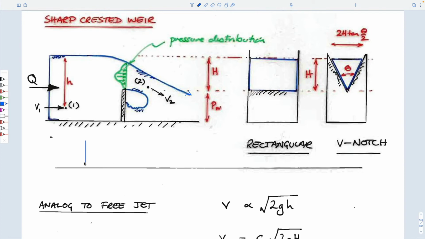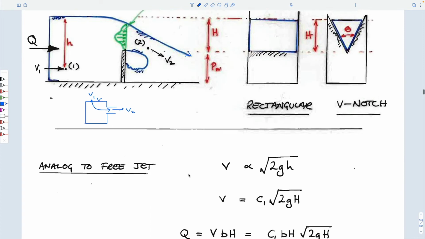It's not really very different from if we drew our tank free to look like this. Where this is V1 and this is V2. And a streamline going through there is doing this. So it's similar to that.